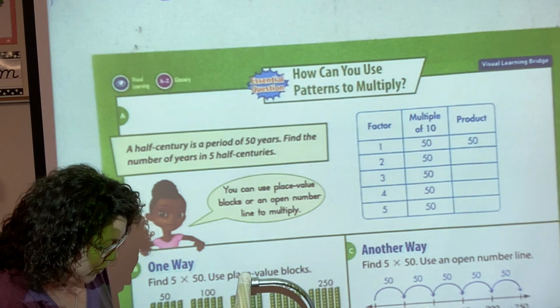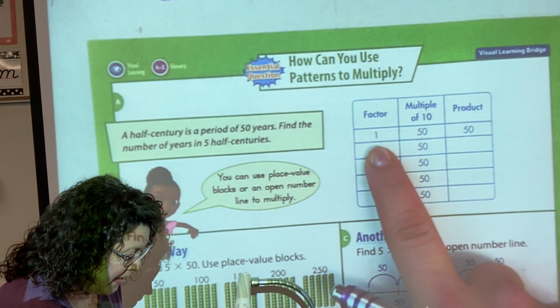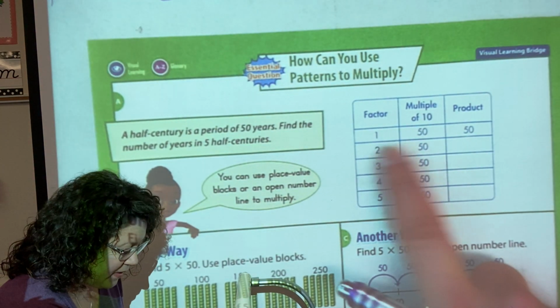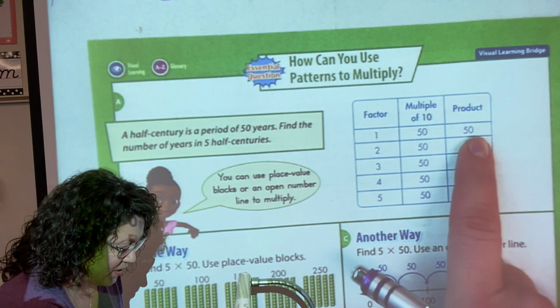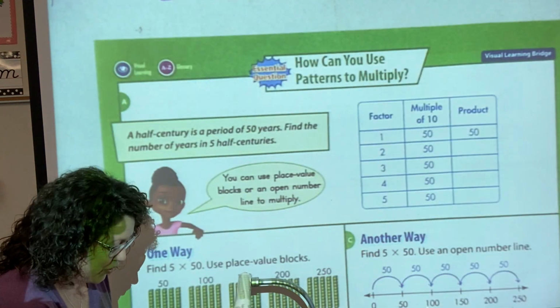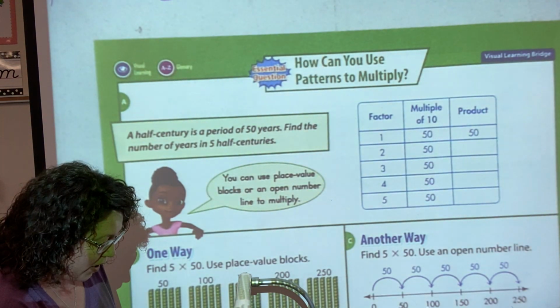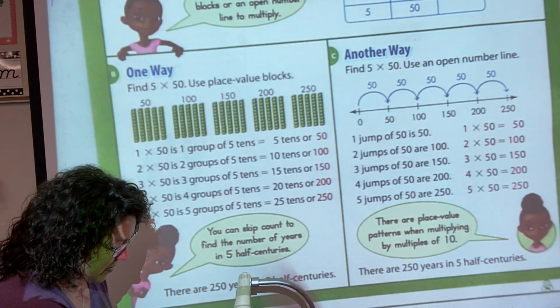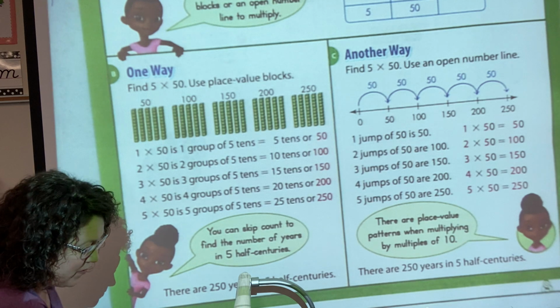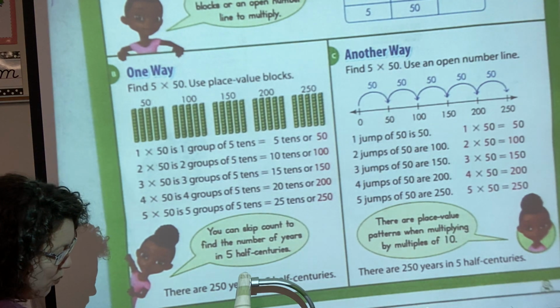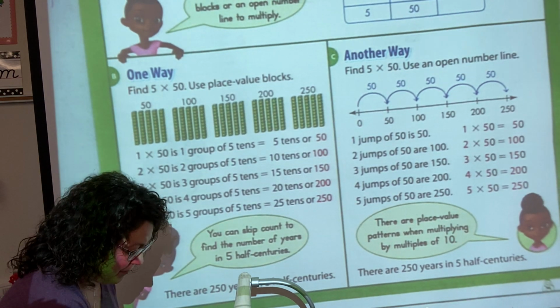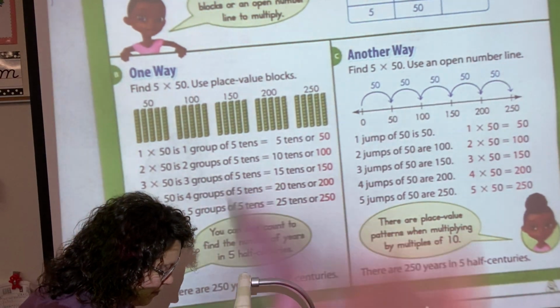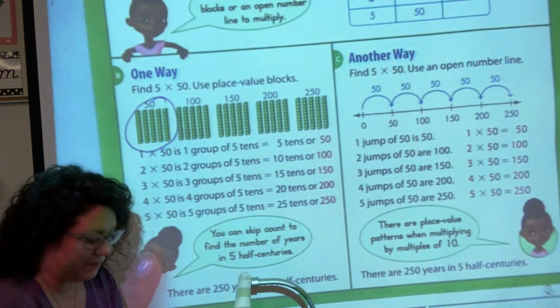So each group, one group has 50. So let's find out about our 2 groups, 3 groups, 4 groups, and our question is for 5 groups. So let's look at our place value blocks first. It says 1 times 50 is one group of 5 tens right there.